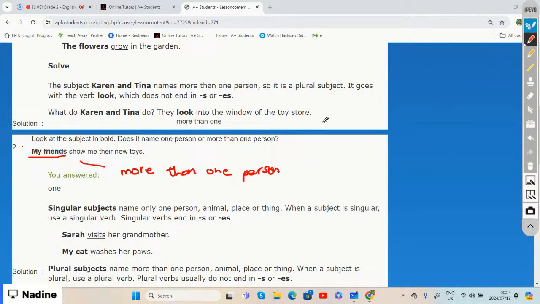So remember, when we look at the words my friends, it refers to more than one person because it is plural, and plural refers to anything that is two or more.